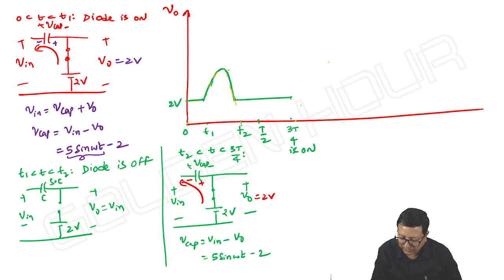T by 2, 3T by 4. So if you take your input waveform, it comes something like this.